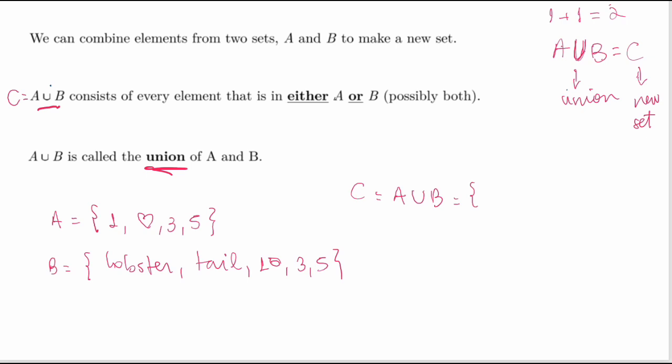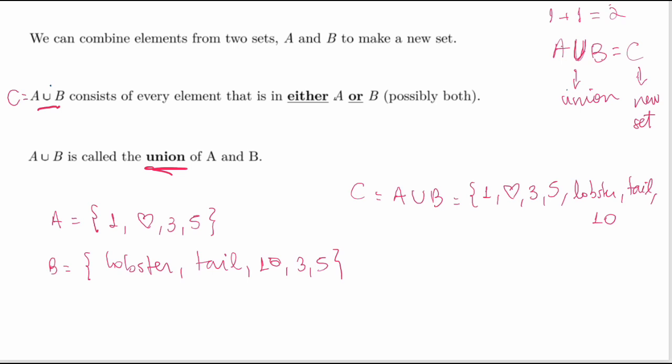So I like to describe this operation as a hard copy, or the take-it-all concept. The union is a hard copy of all elements in A. You're uniting, right? So all elements in A, 1, heart, 3, and 5. And all elements in B, lobster, tail, 10, 3, and 5.